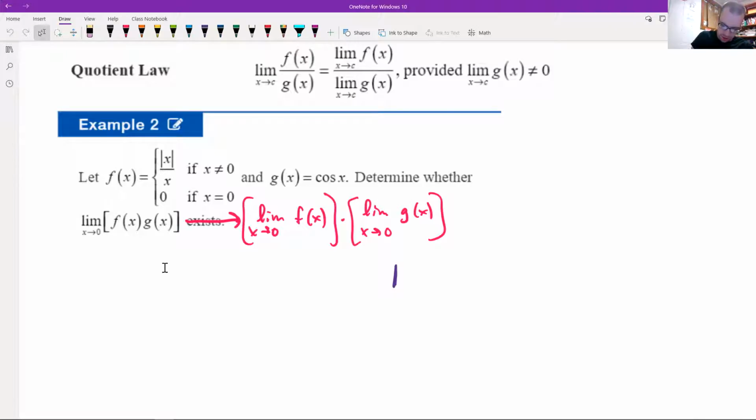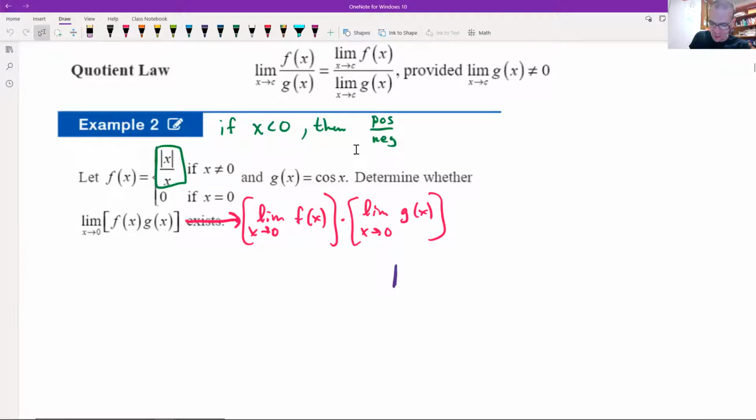So for this part, let's use some green. If x is negative, then we would have a positive number over a negative number.